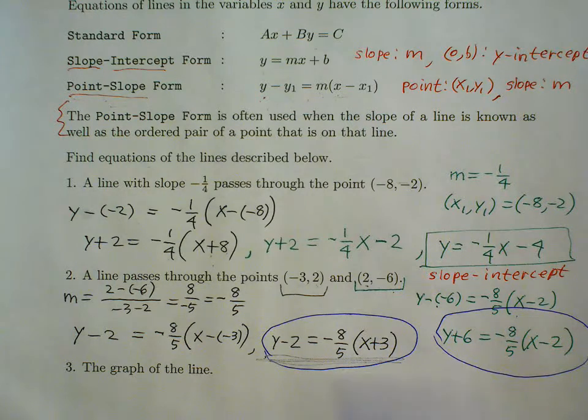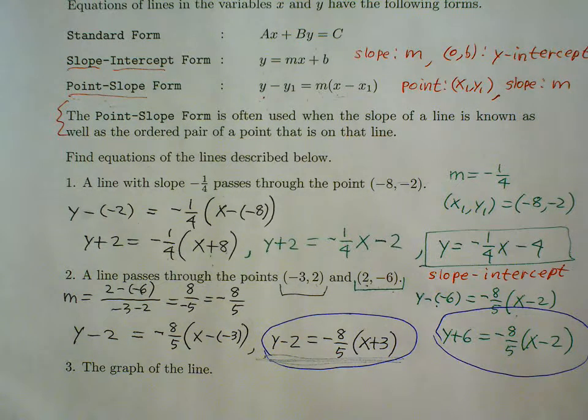The other possibility is that they are the same line. And these 2 lines are exactly the same line. So how could you verify that the 2 lines really are the same line? You could graph them, and you would find that one overlaps the other.